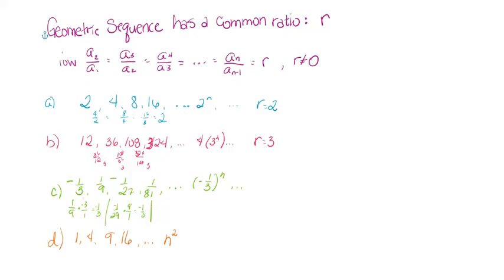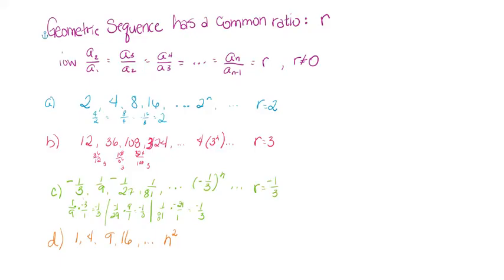And then the last one, 1/81 divided by negative 1/27, which is the same thing as multiplying by negative 27/1, gives me also a negative 1/3. So I do have a common ratio, and it is negative 1/3.